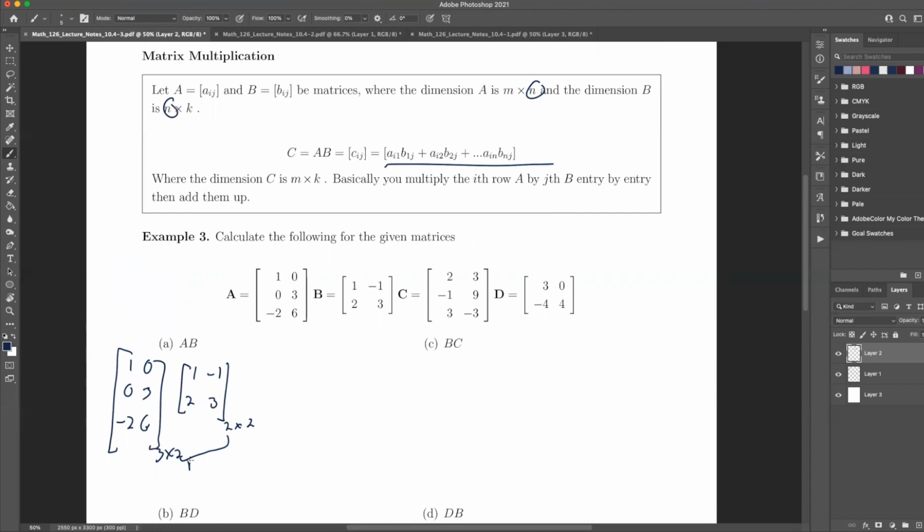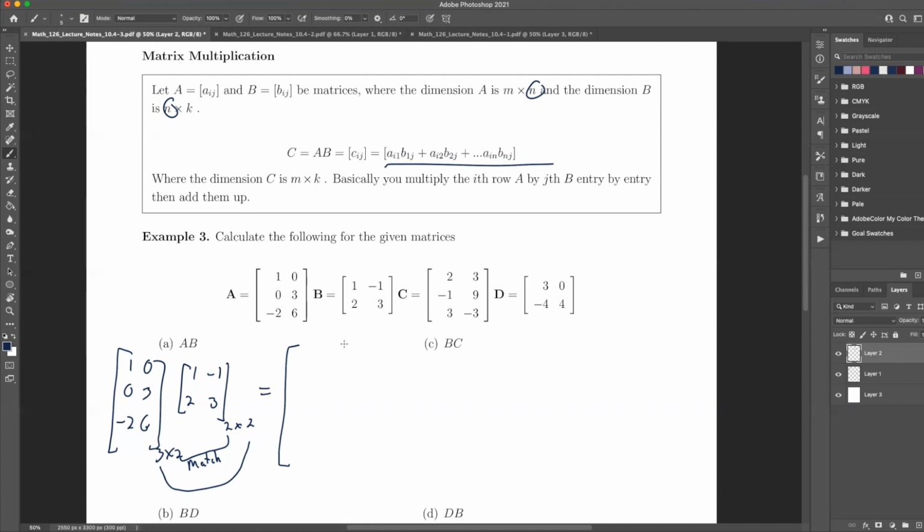If these match, then you're okay to do the multiplication. If your first matrix has the same number of columns as the second has rows, you're good to go. The resulting matrix will be given by the outer two numbers, so this is going to equal some 3 by 2.